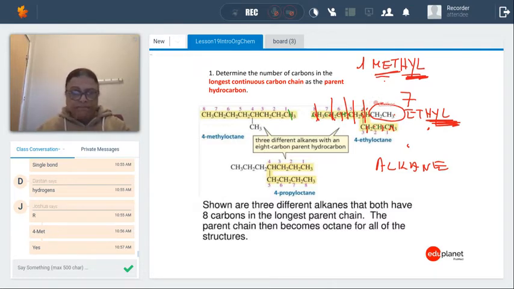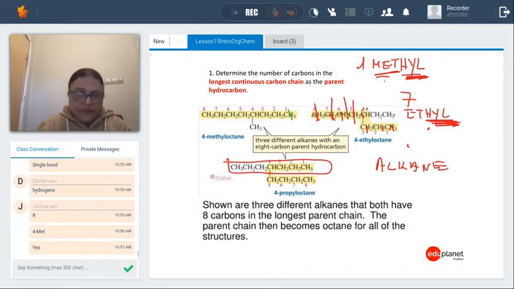Okay? So let's see another way in which we represent a longest chain. Okay, so the longest chain can also be drawn like this. Don't get confused and look only at this one, because this is not the longest chain. The longest chain is 1, 2, 3, 4, 5, 6, 7, 8. And here the branching is 3 carbons, so it is propyl.